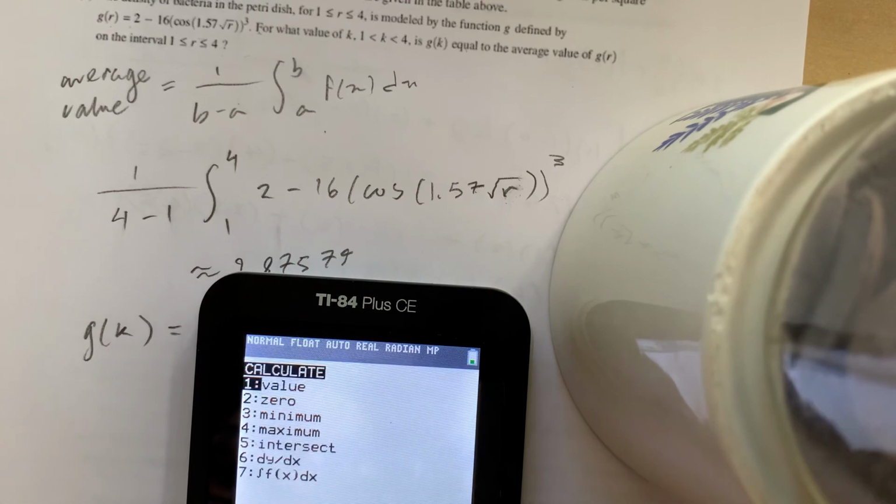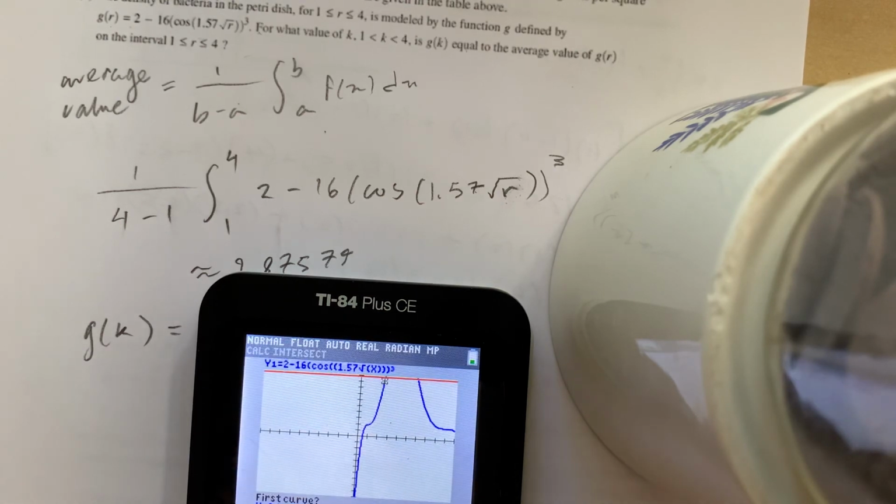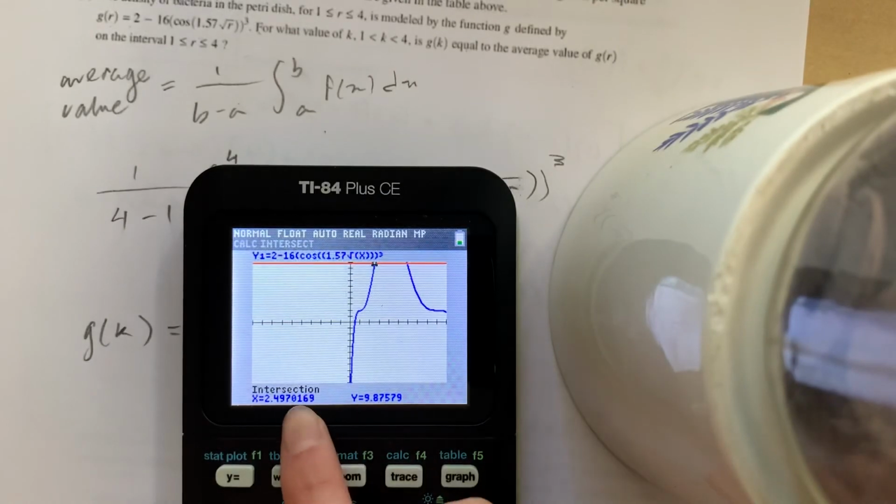Let me start this over. I can go to calc and find the intersection. So I could say that's the first curve and that's the second curve. And that's what K is equal to.